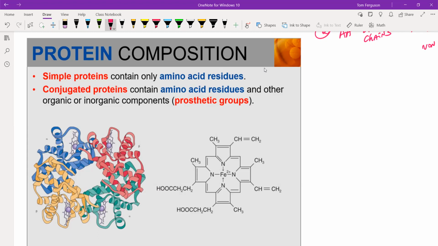You see, the different colors is a protein. They can sometimes act in conjunction with other molecules, like hemoglobin, myoglobin. All those require some kind of another group along with the protein to work.